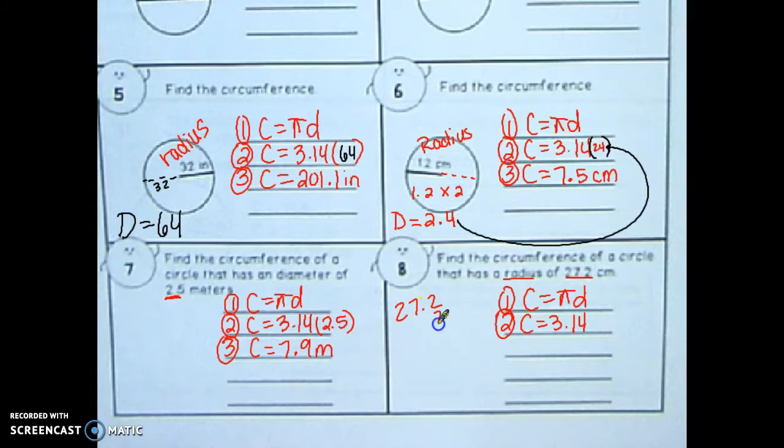So I'm multiplying this. That gives me 54.4 for my diameter. And when I multiply that by 3.14, I get that the circumference is 170.9 centimeters.